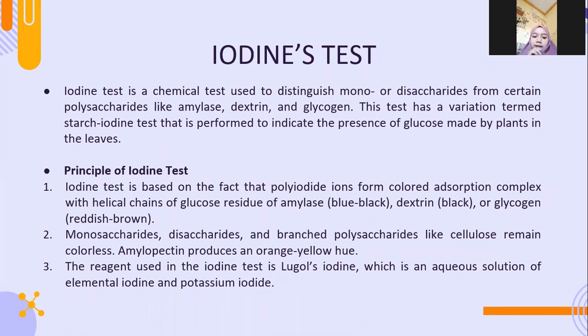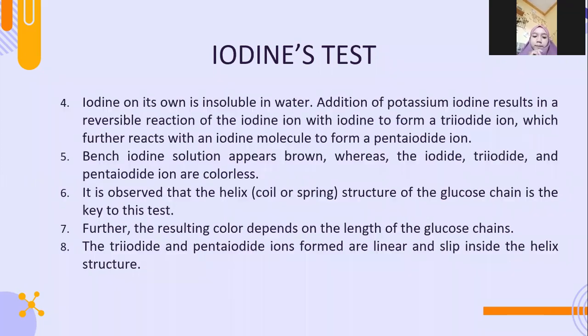Number four, iodine on its own is insoluble in water, but the addition of potassium iodide results in a reversible reaction of the iodide ion with iodine to form a triiodide ion, which further reacts with an iodine molecule to form a pentaiodide ion.